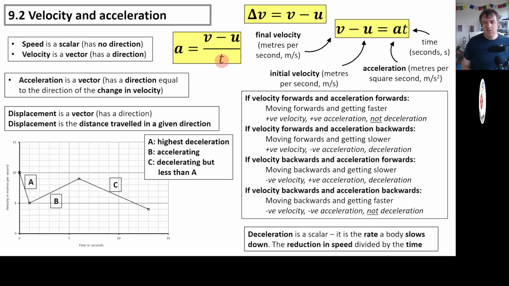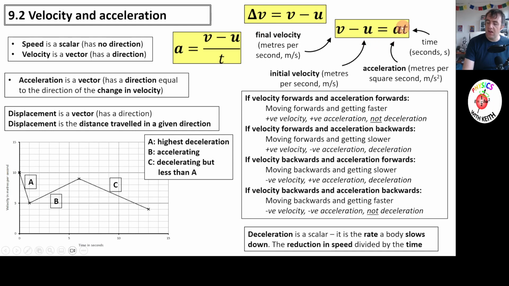But really, if we have defined t as a duration of motion, an interval along the time axis, we don't need the delta because of how we defined the t. So delta v over t, or v minus u over t, means the same thing.